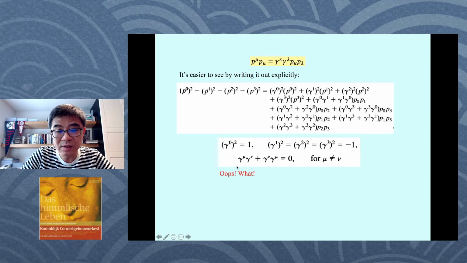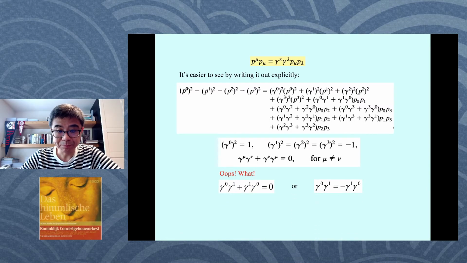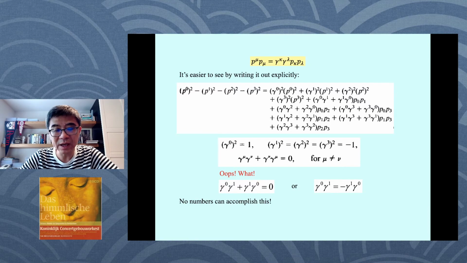So we call this kind of relation anti-commuting. And we all know that numbers could not anti-commute. So here I write down some examples to let you see it is impossible. So Dirac concluded that no numbers could accomplish this.